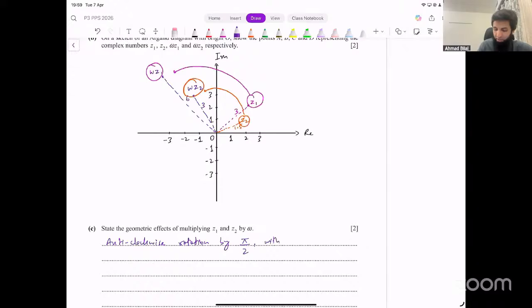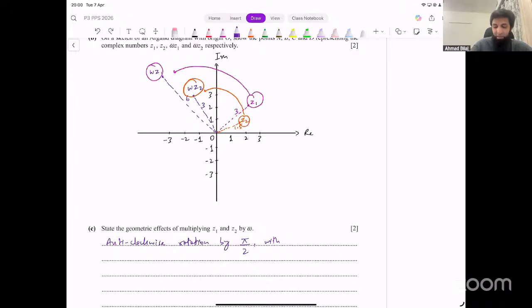What's the center of rotation? About the origin, right? So in such problems, in complex numbers, whenever you are asked about geometric effects like this, the center of rotation is also always going to be the origin. And you can see that here as well. 0 is the center of rotation.